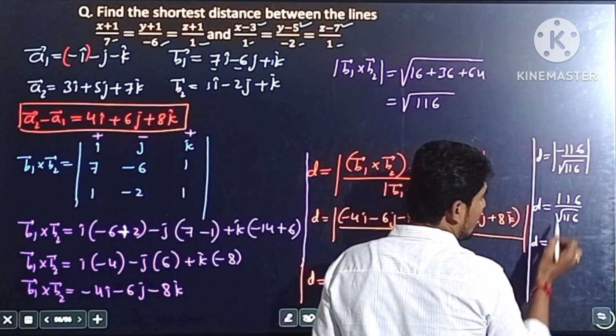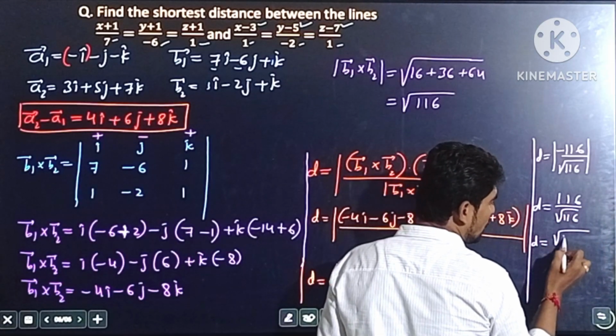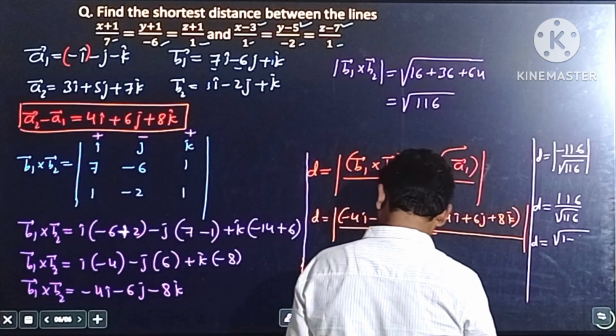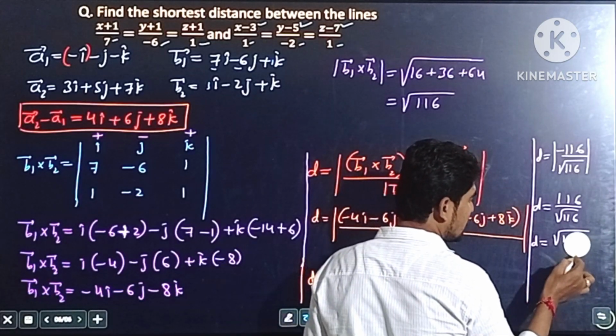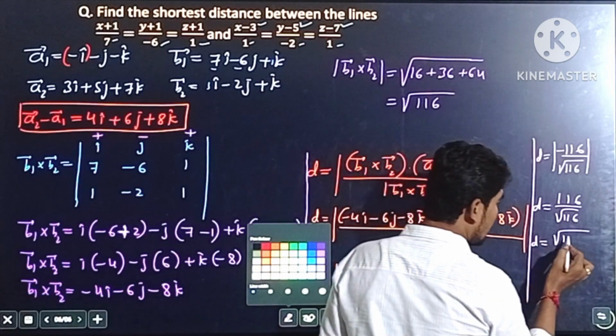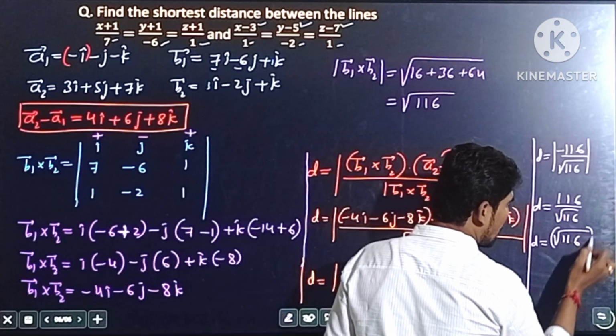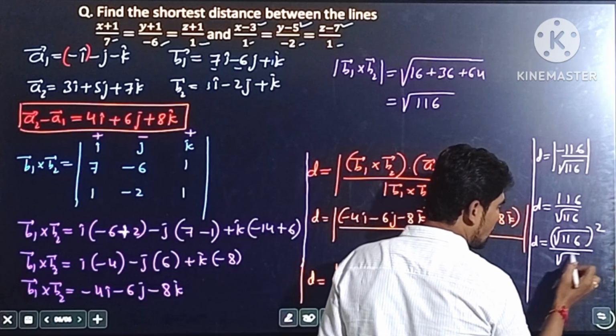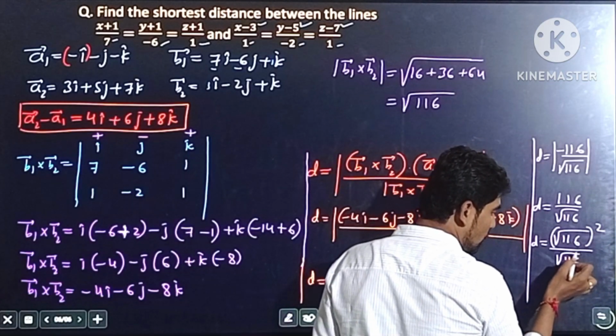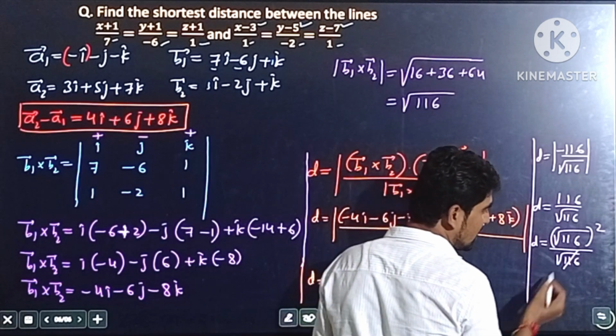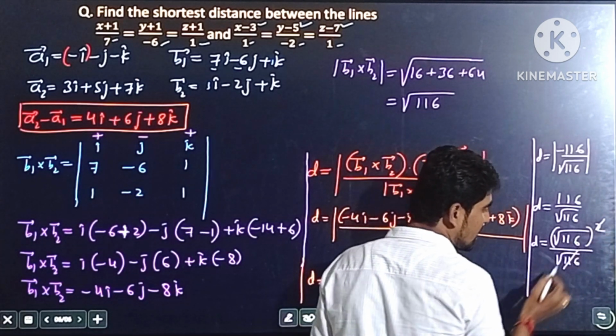And we know that 116 can be written as root 116 whole square, so root 116 whole square divided by root 116, and one root 116 from the denominator and one root 116 from the numerator get cancelled.